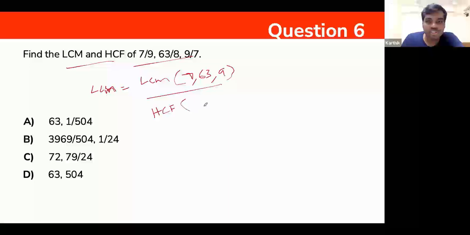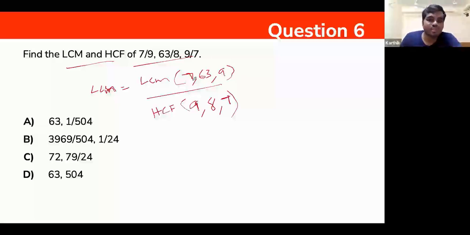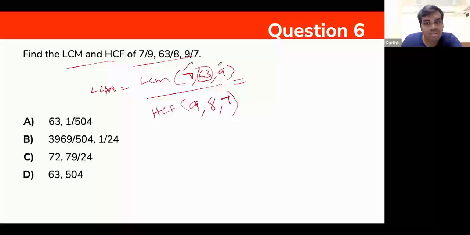What is the denominator? 9, 8 and 7. Now what is the LCM of 7, 9 and 63? As usual, take the biggest number, 63. 63 into 1 is 63. Is 63 divisible by 7? Yes, 7 into 9. Is 63 divisible by 9? Yes, 9 into 7. So LCM is 63.